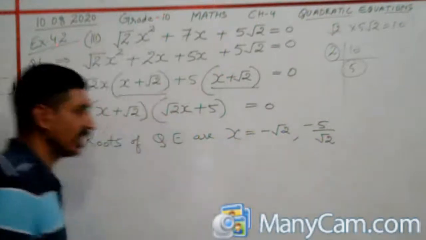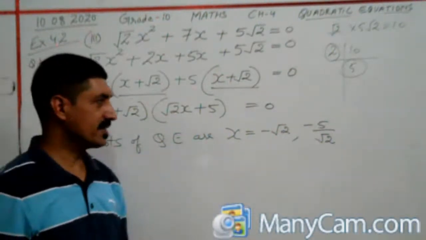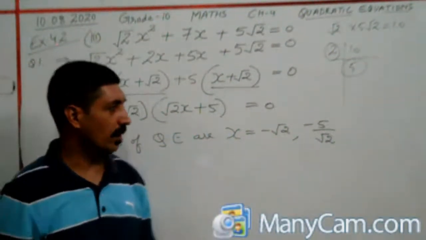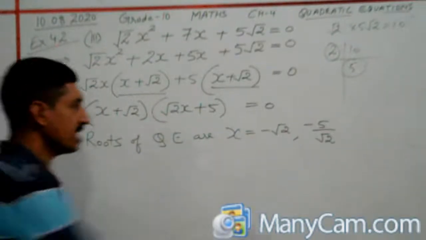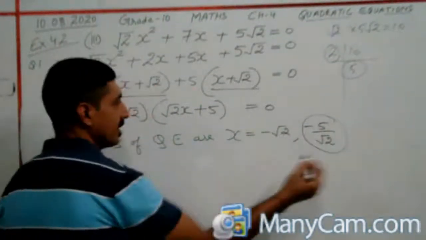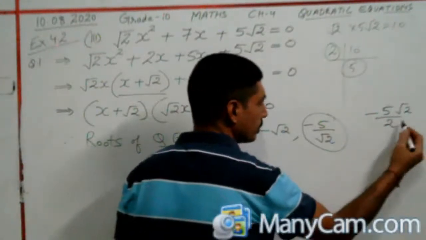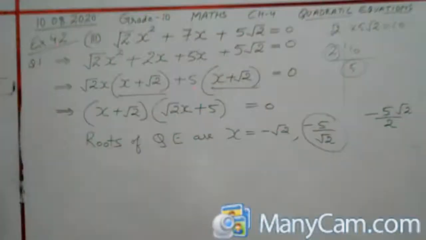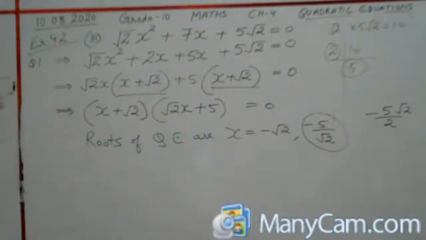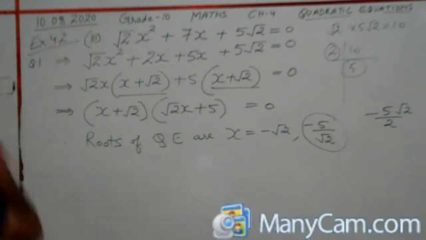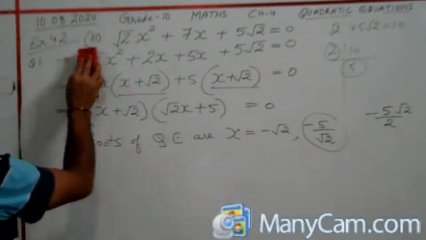We can even rationalize that: minus 5 root 2 upon 2. That is one and the same thing. So this is part 3 of exercise 4.2.